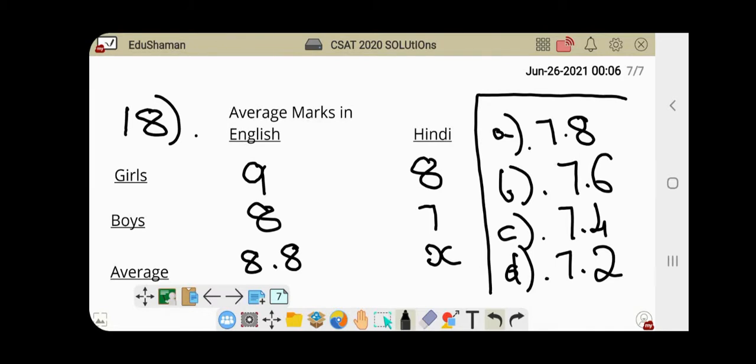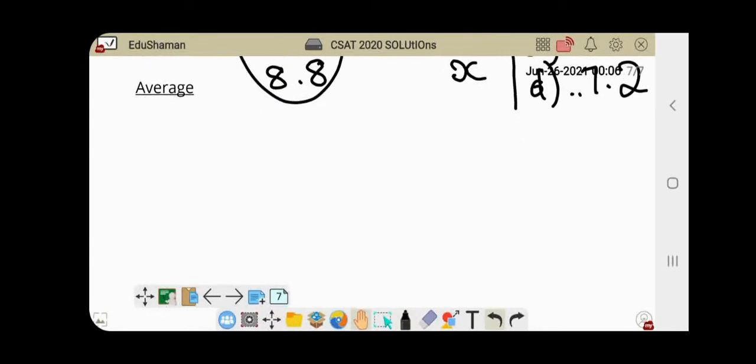Here we have full data for this English part. Girls get 9 but the average is 8.8. This value 8.8 is closer to 9 than 8, which shows us that there are more girls in that class, right? So there is a shortcut to solve this.